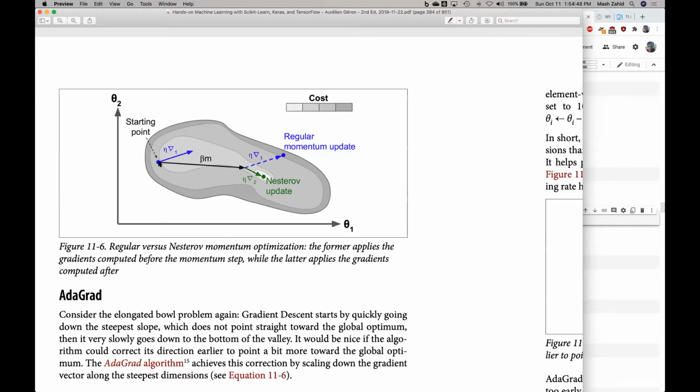So apply the learning rate, and you end up over here. If you apply the learning rate after the momentum, the blue dot comes here, and that takes you in the wrong direction. But still closer.